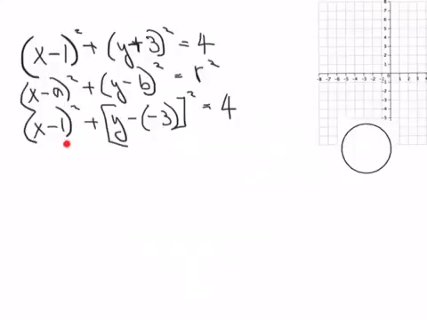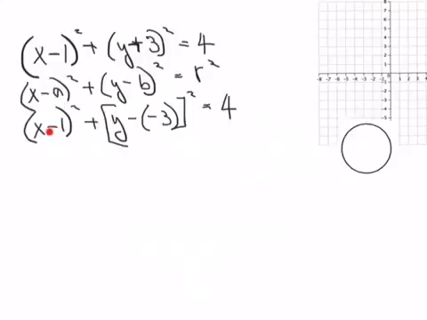Which then gives us 1 and then negative 3. So, again, 1, the number that makes this 0, and negative 3, which makes this 0, because negative 3 minus negative 3 is negative 3 plus 3, which is 0.